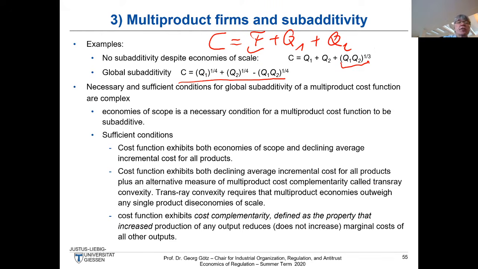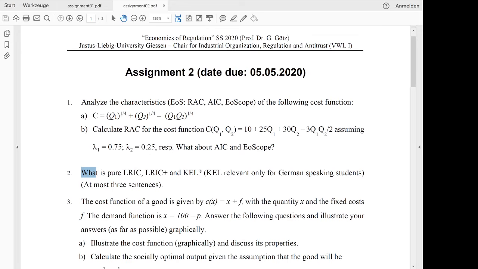Here, the second example, this one, the second with the global subadditivity. I think I could just check here. As you see here, this is, I think, almost the same thing.